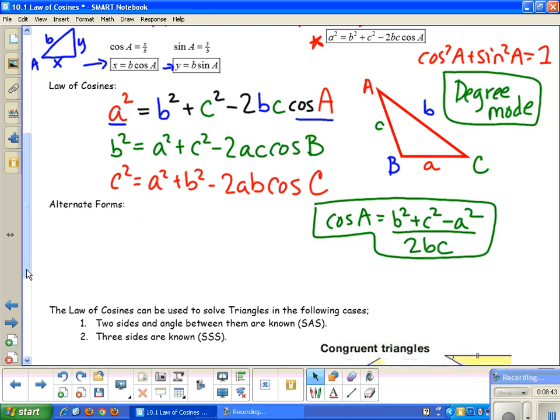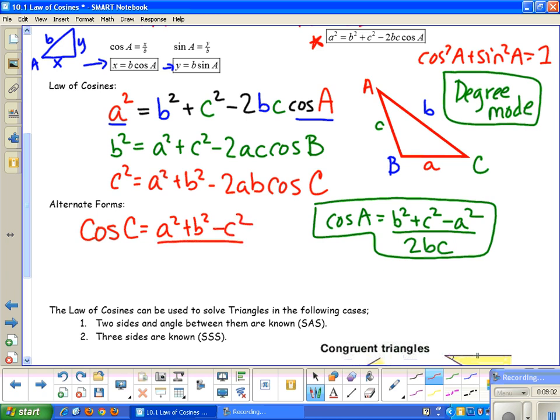I'm just erasing that so I have room to write them. If I wanted to find cosine C, so angle C, then the cosine of it would be equal to, in this case, A squared plus B squared minus C squared over 2AB. And of course, in order to solve for the angle C, I would have to do the cosine inverse, which we'll do some of those problems in a little bit.